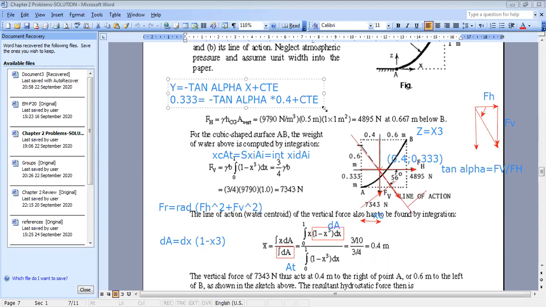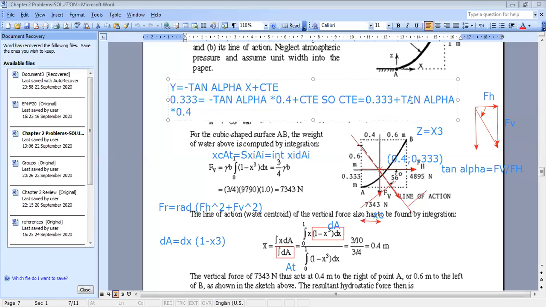So from this equation, I deduce the constant. My constant is equal to 0.333 plus tangent alpha times 0.4. So you found the equation of the line, and you know the equation of the curve. How to find the intersection point?